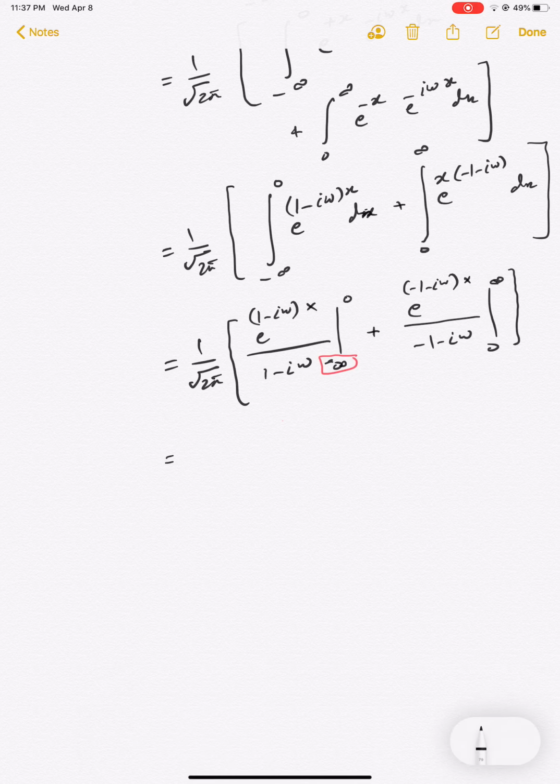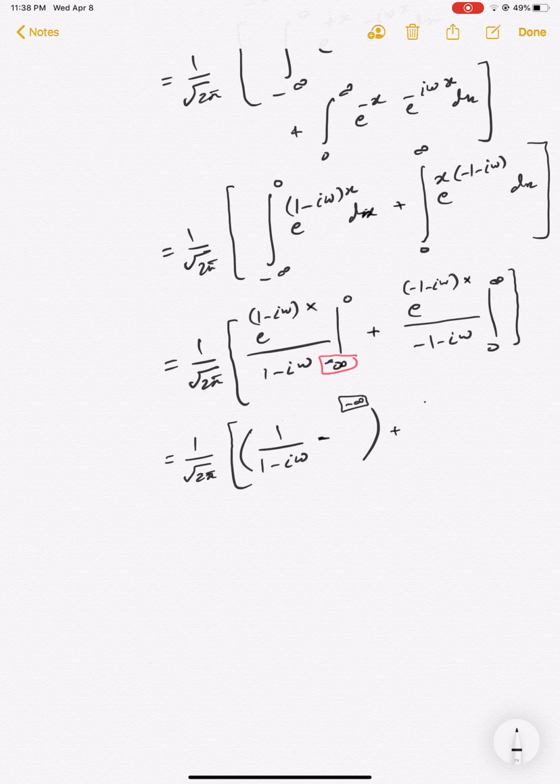So now what happens? This becomes 1 over root 2 pi times, when you plug in the 0, you get 1 over 1 minus i omega, minus, when you plug in the negative infinity, you have a problem, but I'm leaving it empty. So this is minus, and I'm going to plug in the negative infinity here and see what happens.